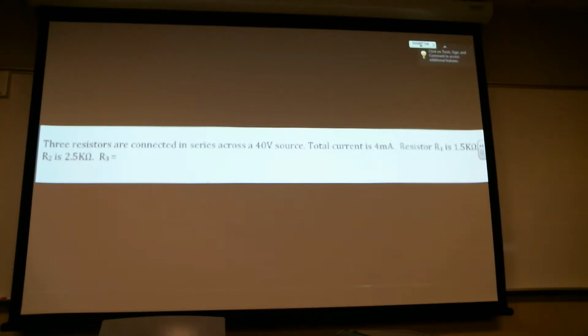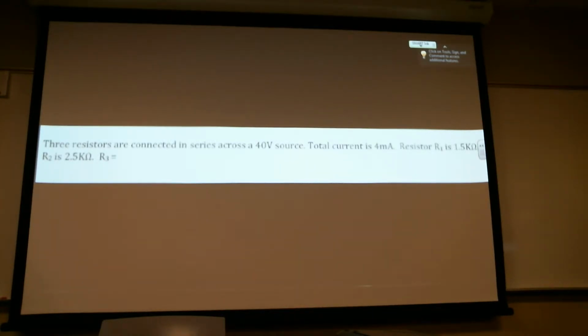So you're going to have to figure the total current. So the current is now 4 milliamps. The 3 resistors, yeah, the total current is 4 milliamps. So really you're drawing a series circuit, and you can do the grid, and you have one resistor where you don't have a resistance, but you've got the current, right?